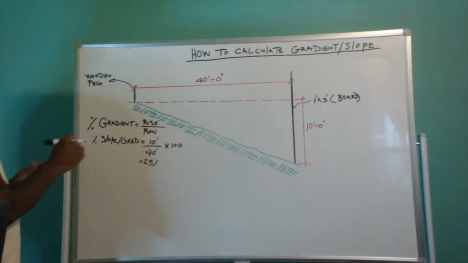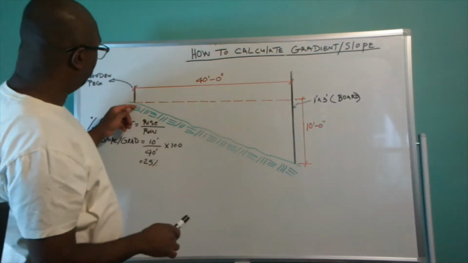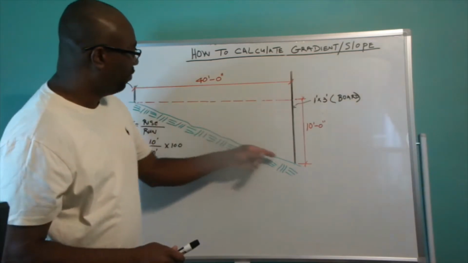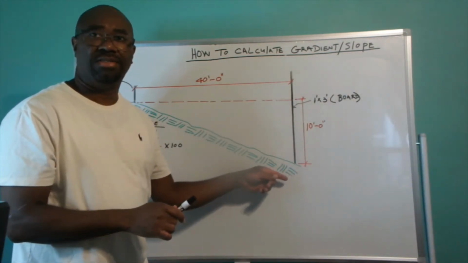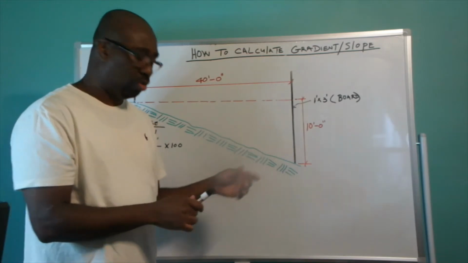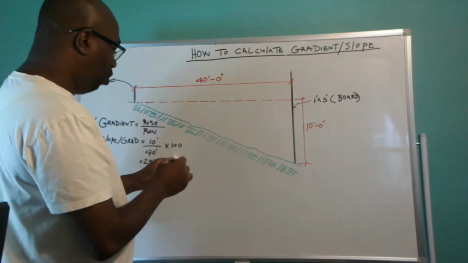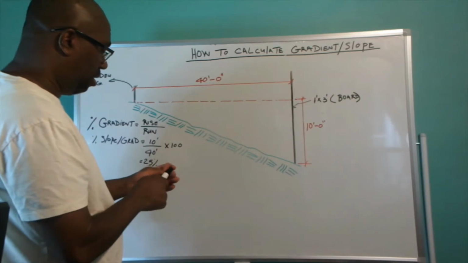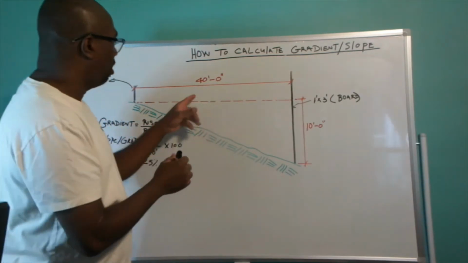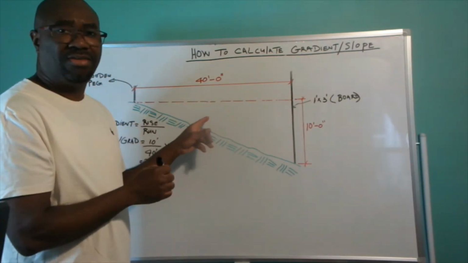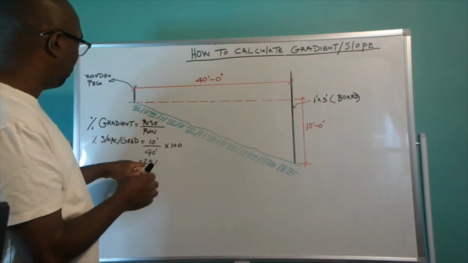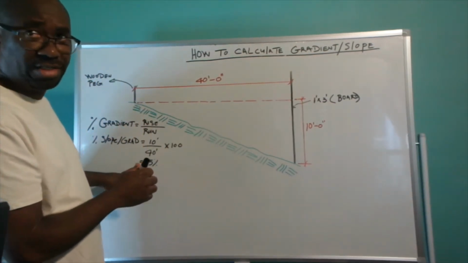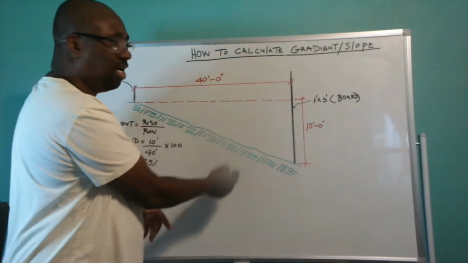So right away we calculated that the slope of this land here is 25%. It's a 25% slope. So if you want to find out the height at a particular distance along this line, all you have to do is times that distance by 25% and you end up with the height of that slope.